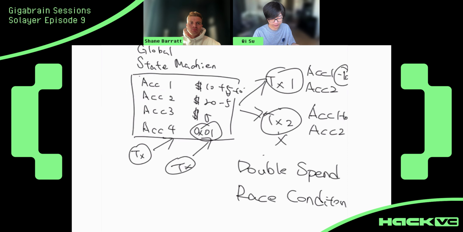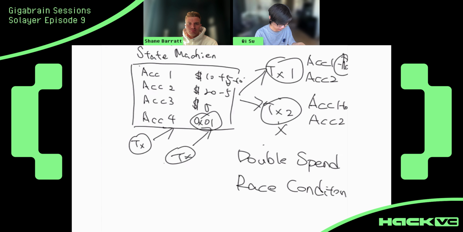The method of improvement, as already described here, is that if transaction 1 accesses only account 1 and account 2, and transaction 2 accesses account 3 and 4, in practice they can execute in parallel because they don't even mess with each other.